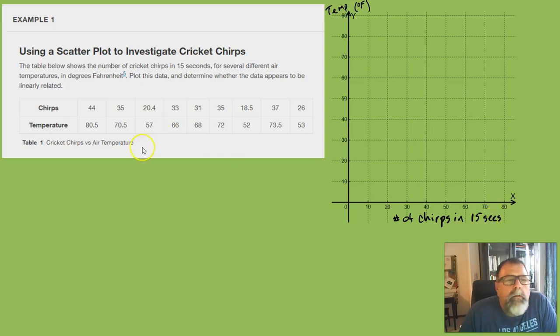Okay, so there's 44 chirps when it's 80.5. So 44, and 80.5 looks like right about just a shade above. Then 35 and 70.5. Then 20.4 and 57.